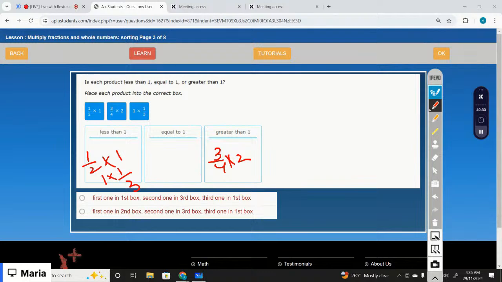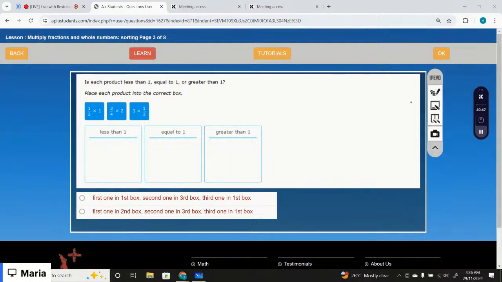Option number one is the correct option.